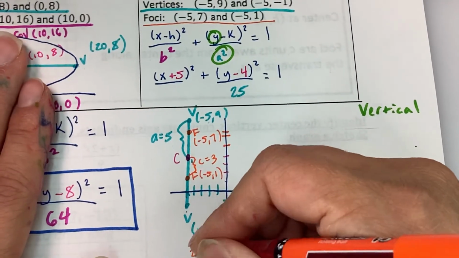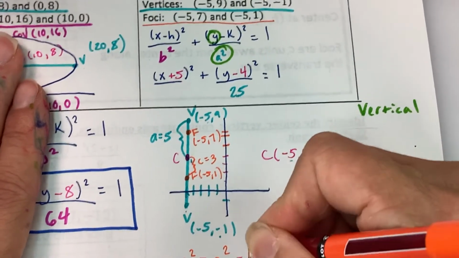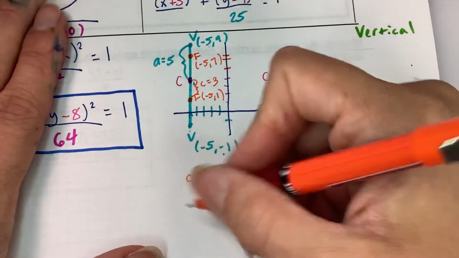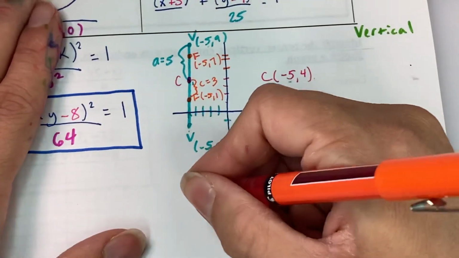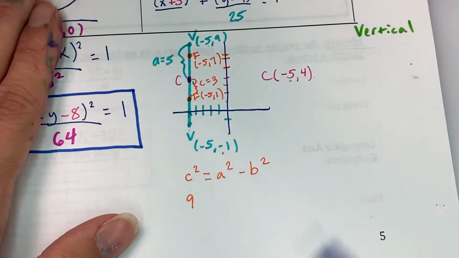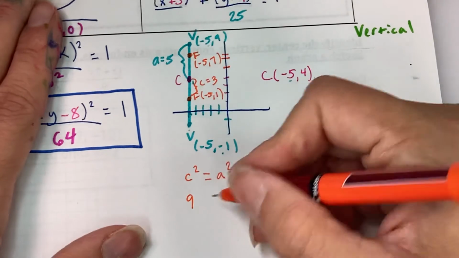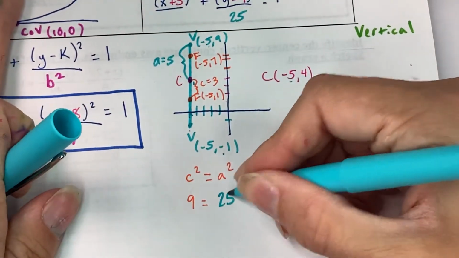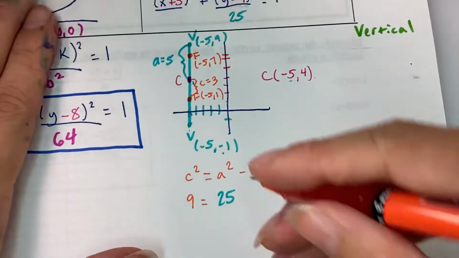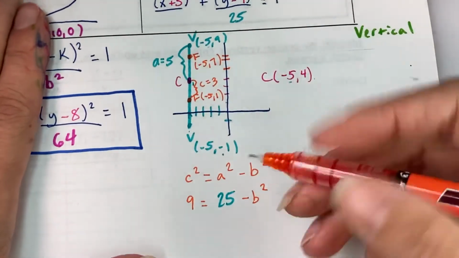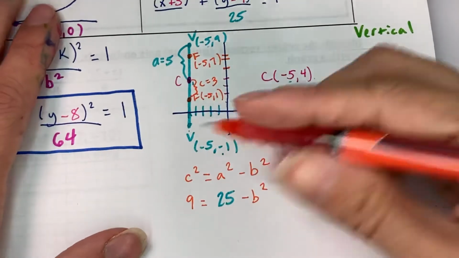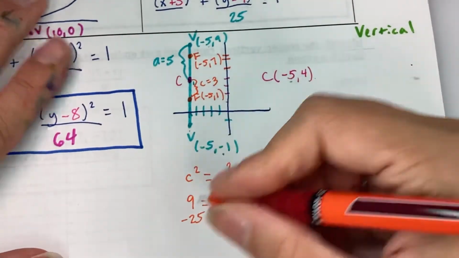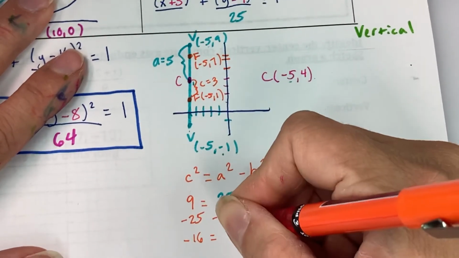So using that expression, c squared equals a squared minus b squared. This time we know our c squared is 3 squared, or 9. My a squared we know is 25. And the b squared is what we are looking for. Now, to solve for b squared, let's subtract the 25, which gives me -16.